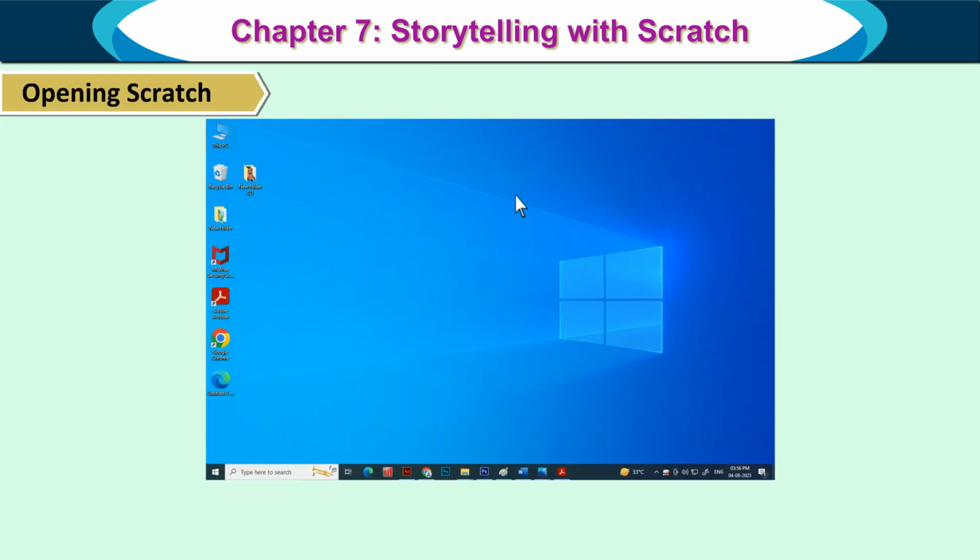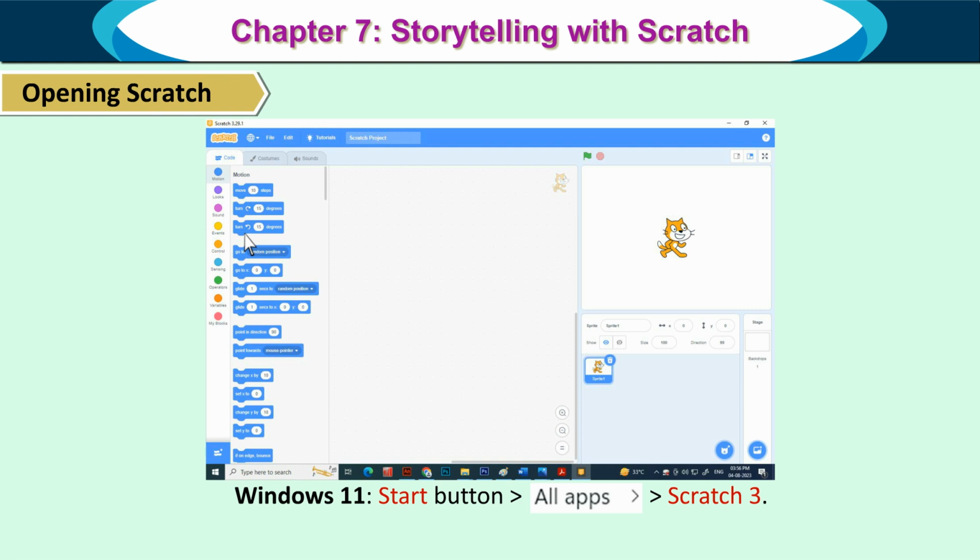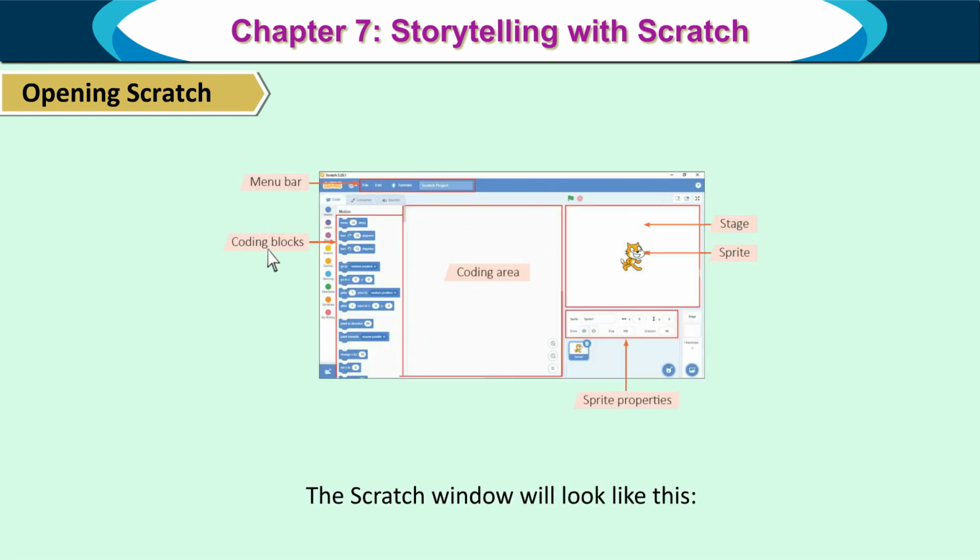Opening Scratch. Windows 10: Start button, Scratch 3. Windows 11: Start button, All apps, Scratch 3. The Scratch window will look like this: menu bar, coding blocks, coding area, sprite properties, stage, sprite.